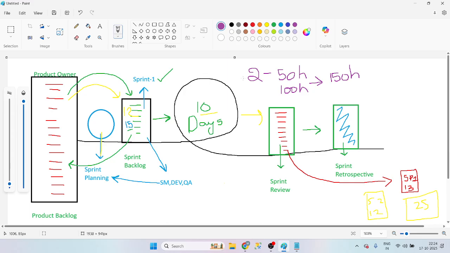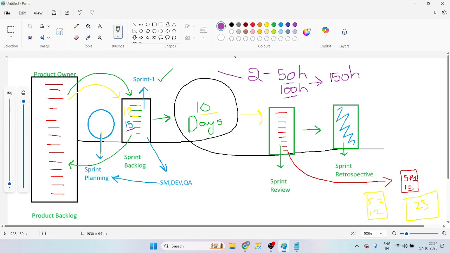Now you might think, why, Manoj? Previously he removed 2 tickets and added 2 tickets. You have observed the same thing, right? He removed 2 tickets from the 15 and added another 2 tickets. What is the main problem? The first ticket is 50 hours and the second ticket is 100 hours.